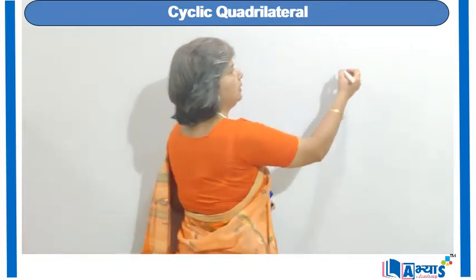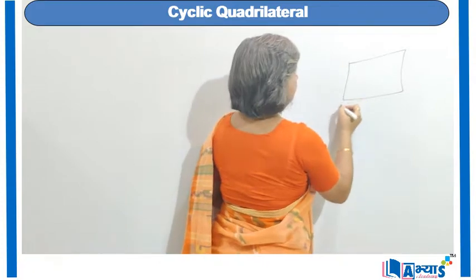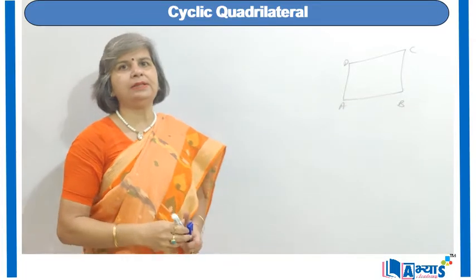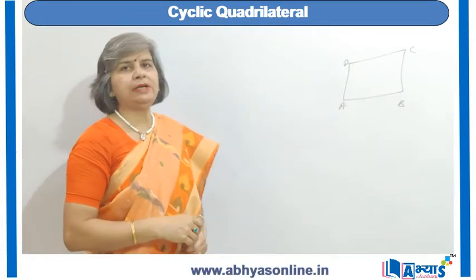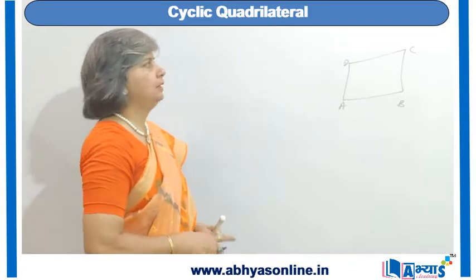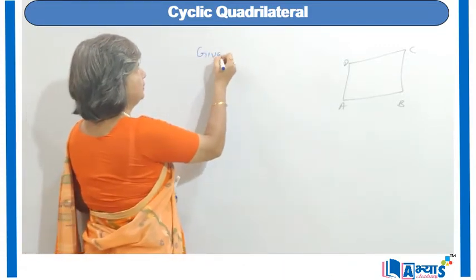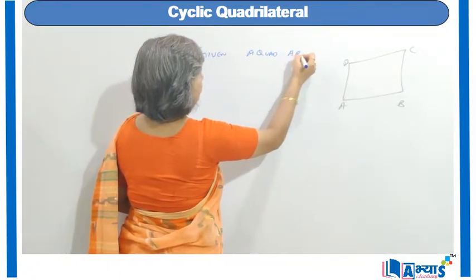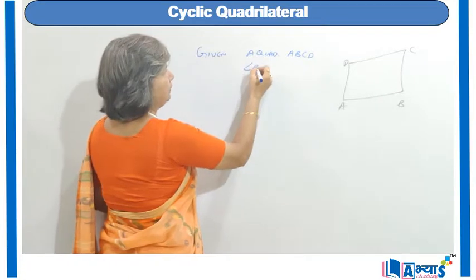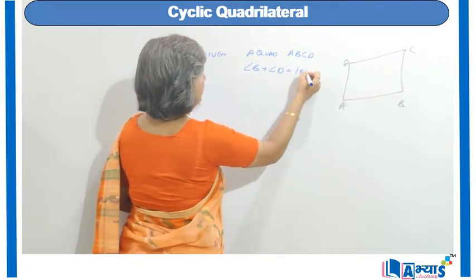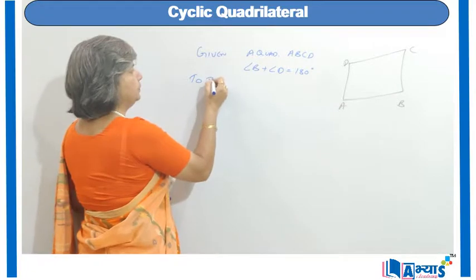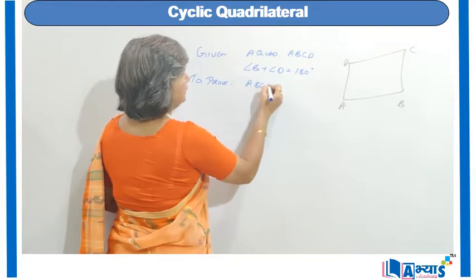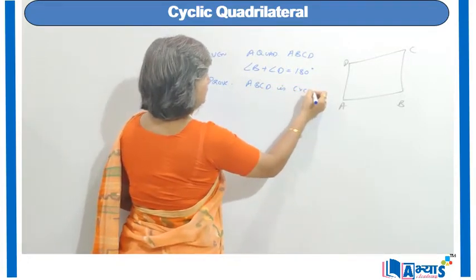That means we are given a quadrilateral ABCD such that angle B plus angle D is equal to 180 degrees, and we have to prove that ABCD is a cyclic quadrilateral.